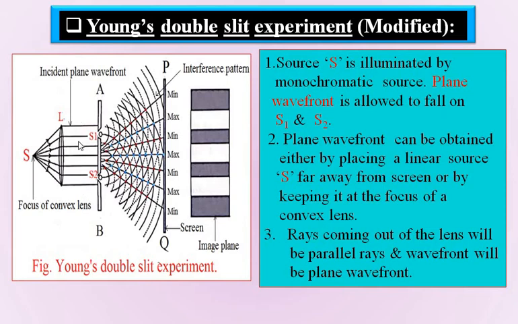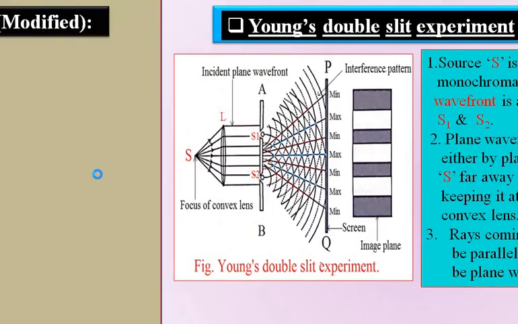Using these parallel rays we get the plane wavefront, which is allowed to fall on the two sources S1 and S2, which act as the coherent sources. Here the two pinholes S1 and S2 in the original experiment are replaced by the slits S1 and S2.